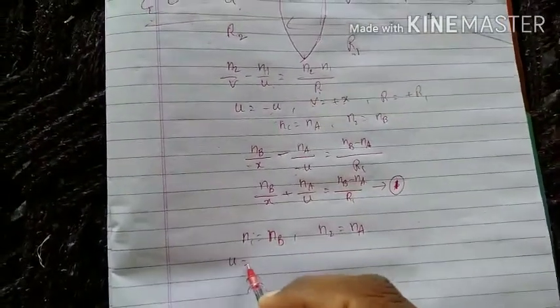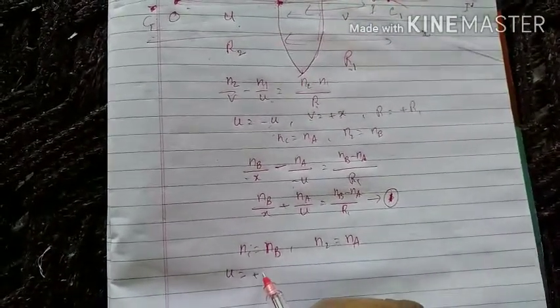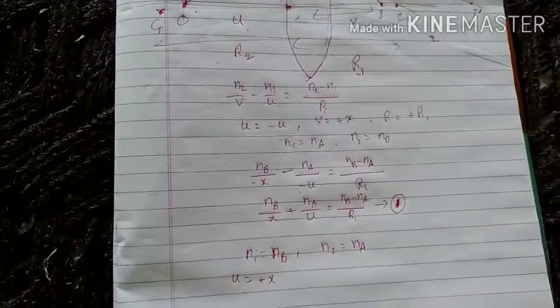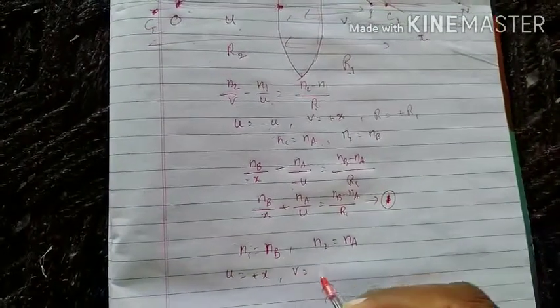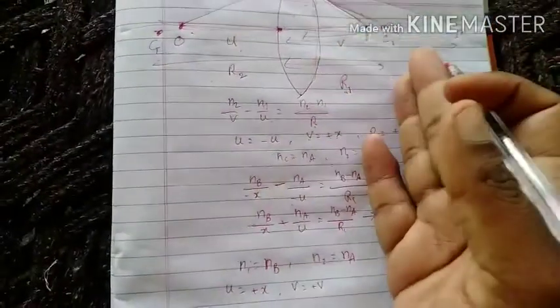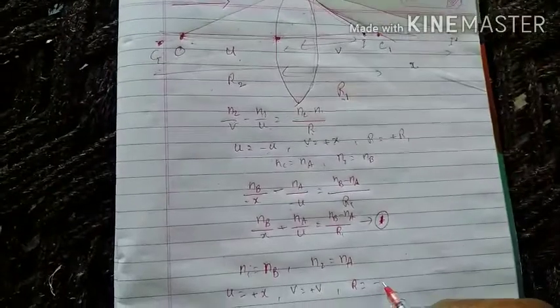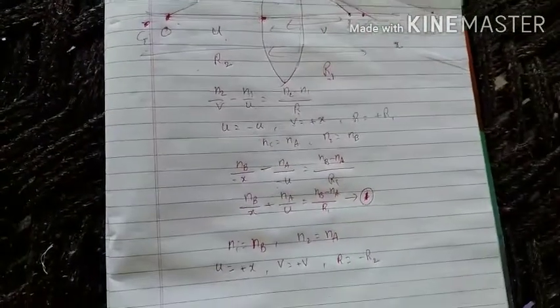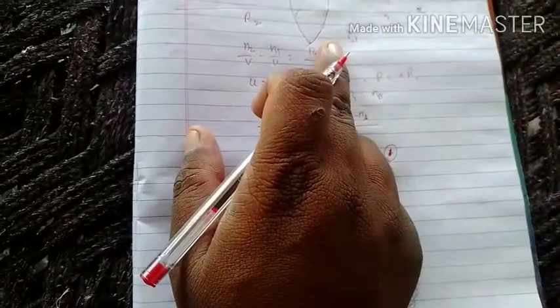Now object distance U will be plus X, because this will be the object distance, and image distance V will be plus V. So both are on the right side, so we take the positive. And radius of curvature, see, the center has been formed on the other side, so we take that minus R2.